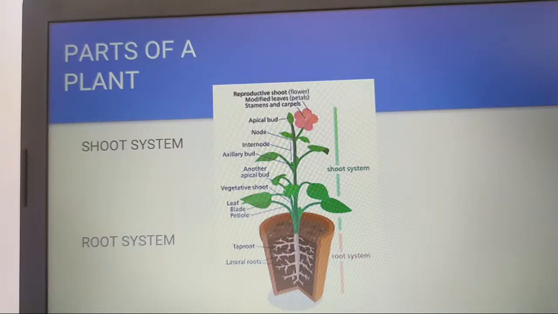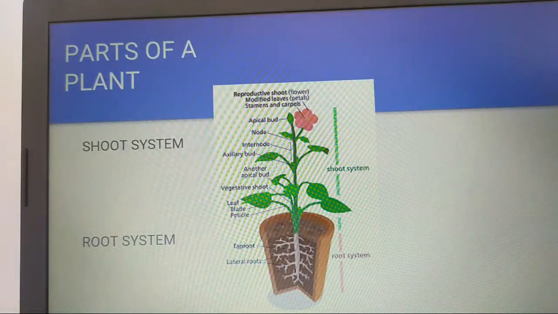The second part of the plant, as you can see in the module, there is color difference visible. It shows brown color. That part of the plant, or you can say this root part of the plant, grows below the ground, and it consists of roots.